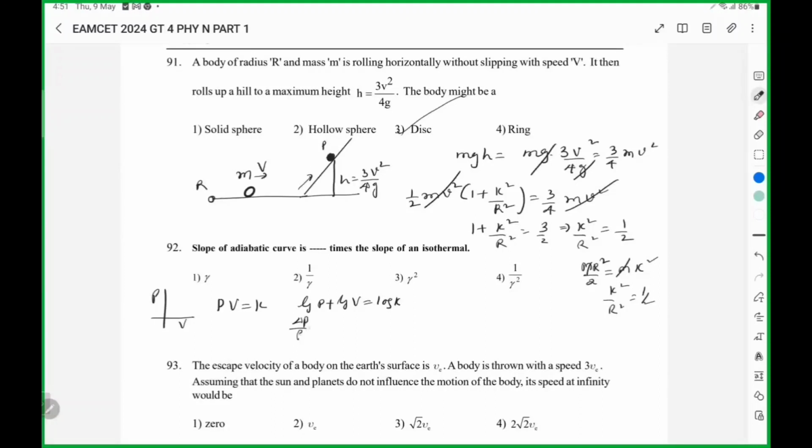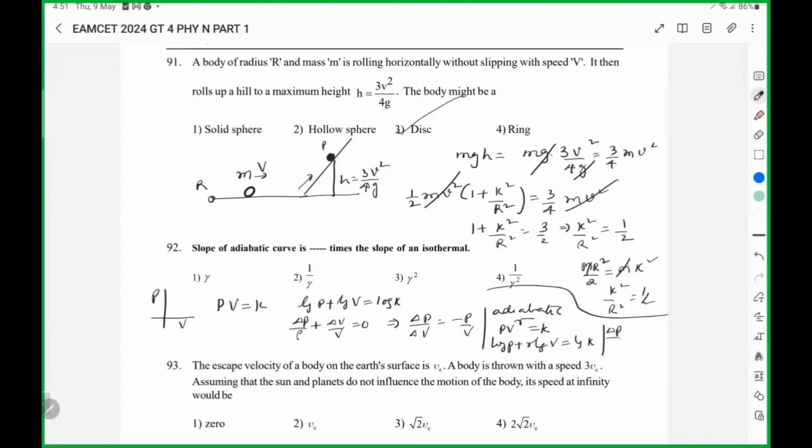Delta p by p plus delta v by v is 0. So delta p by delta v will be minus p by v. If it is adiabatic, P V to the power gamma is constant. Taking log, log p plus gamma log v is log k. Once you differentiate it, minus gamma delta v.